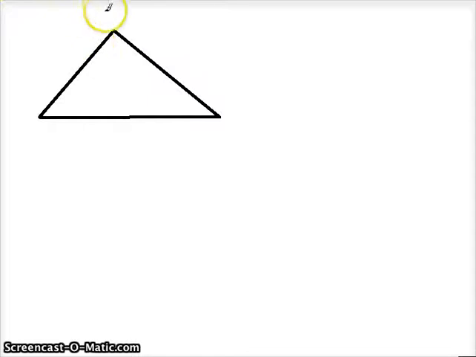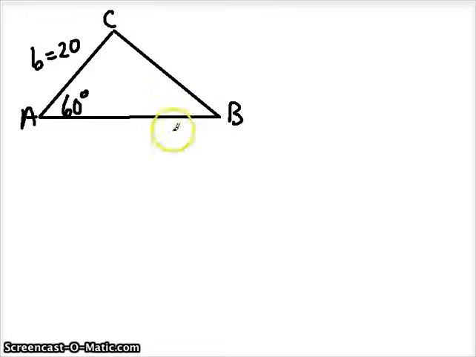Let's say we're given a triangle. It looks like so. Here's a case where we have side, angle, side.